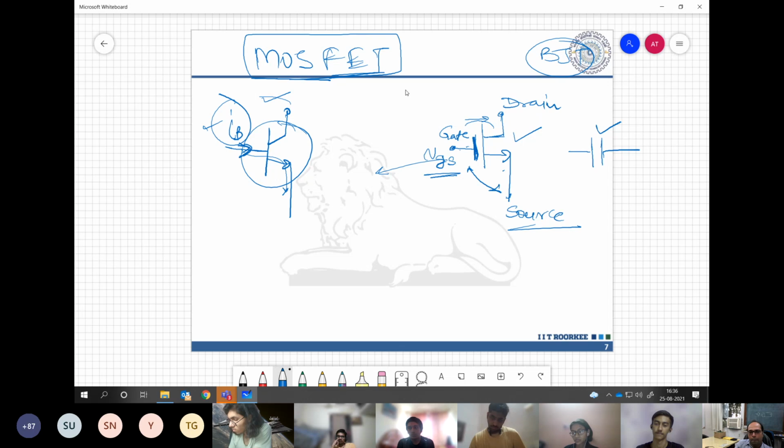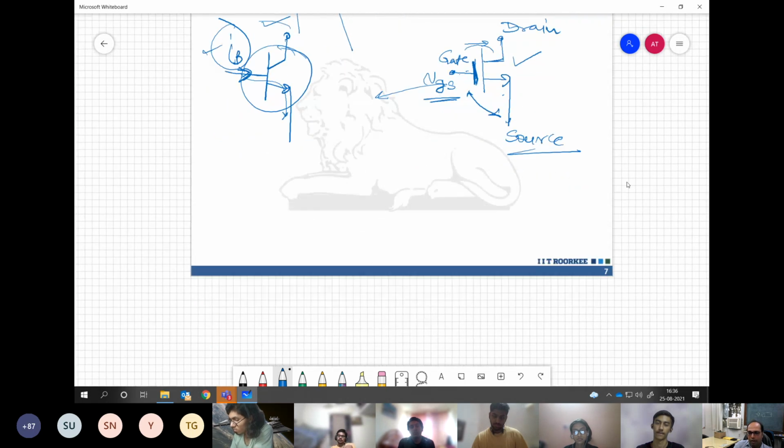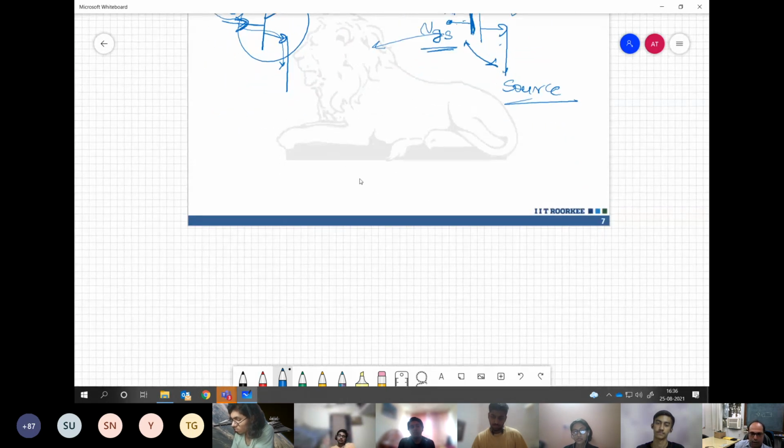There is something related with the applied field, the electric field what we are applying over here. And why we call this metal oxide semiconductor is because of its configuration. How these are fabricated is not the typical way BJT is fabricated. So let's say there are basically 2 different types of MOS devices. One is called the PMOS, another is called the NMOS.